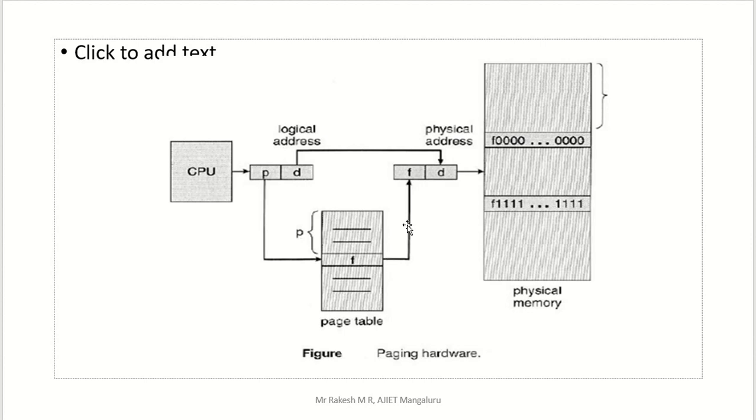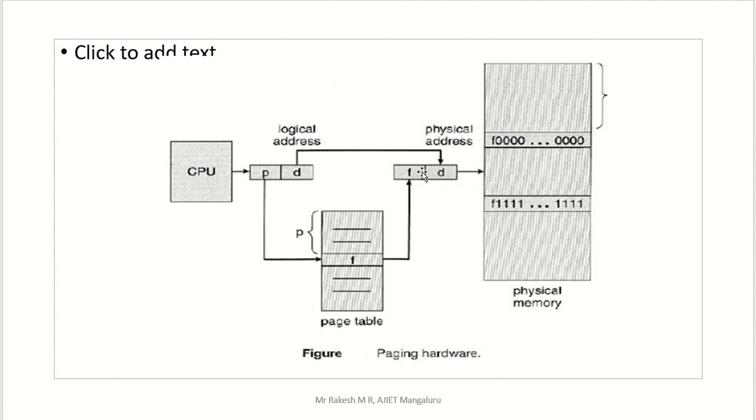That frame number is sent to memory, so that is the physical address. The physical address contains the frame number and offset. Remember one thing, d and d are the same. That's why I told in the previous slide itself, page size and frame size are the same.